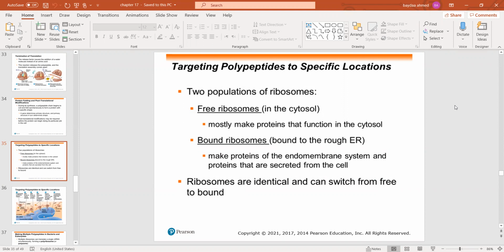Bound ribosomes make proteins of the endomembrane system as well as proteins secreted from the cell, such as insulin. It is important to note that the ribosomes themselves are identical and can alternate between being free ribosomes one time they are used and being bound ribosomes the next.